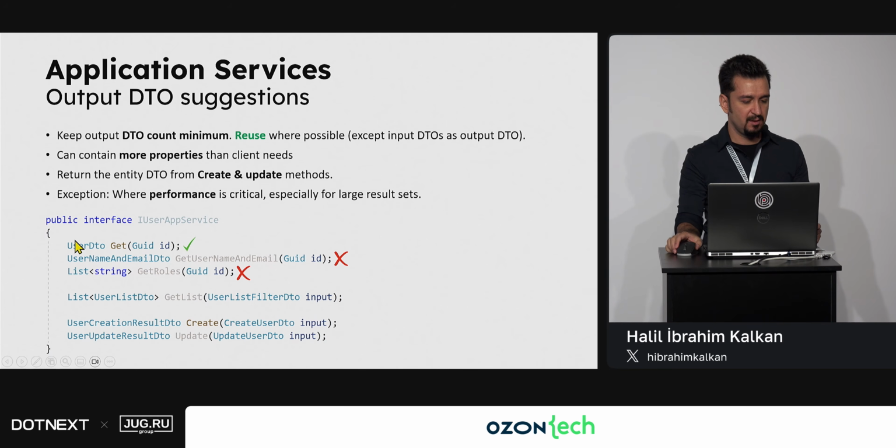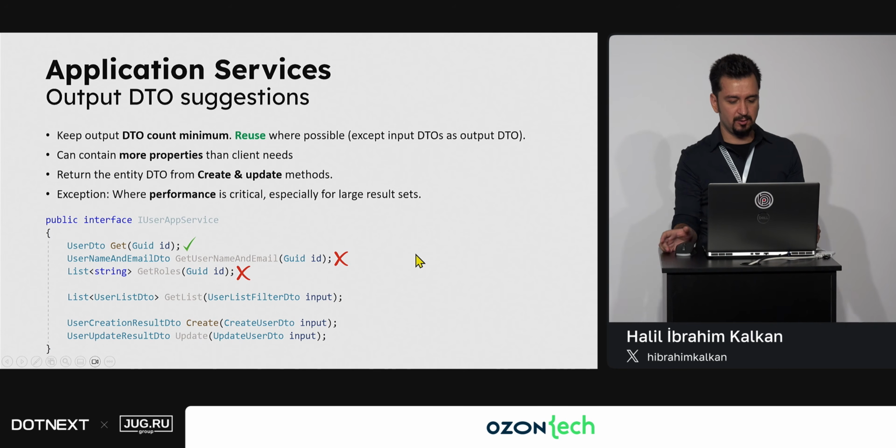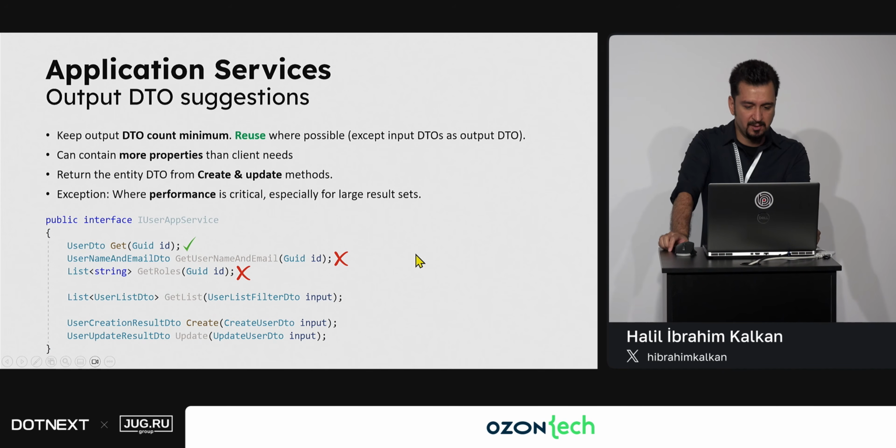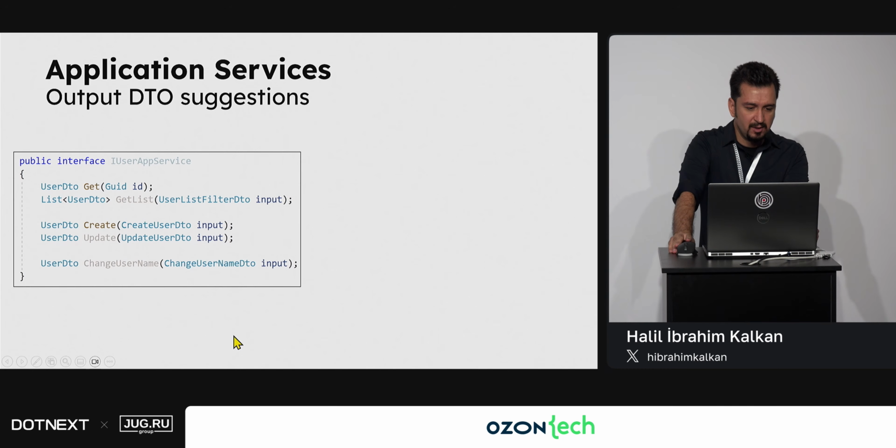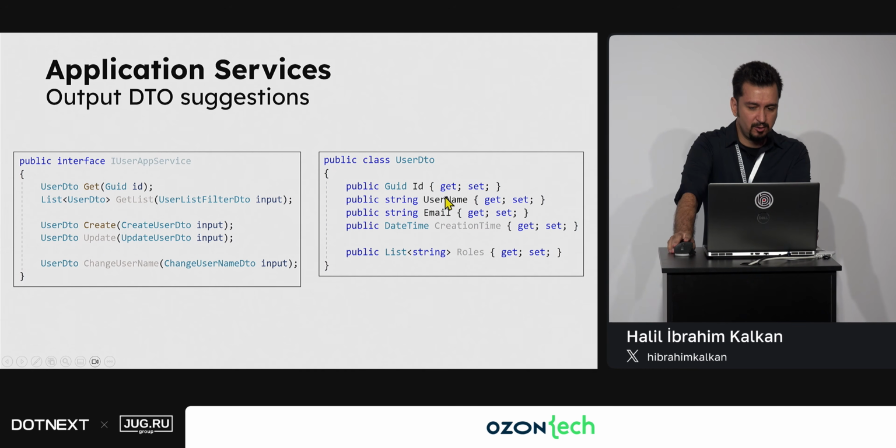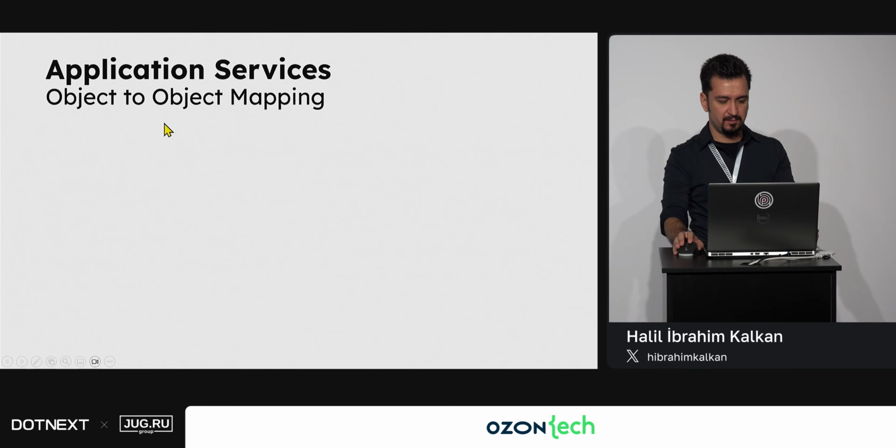Just use the same method and use only the username and email parameters. Don't use the others. No problem. It's better to keep your code base maintainable. Same for create, get list, or update methods. It's best to define a single user DTO that is possible to use in each case.